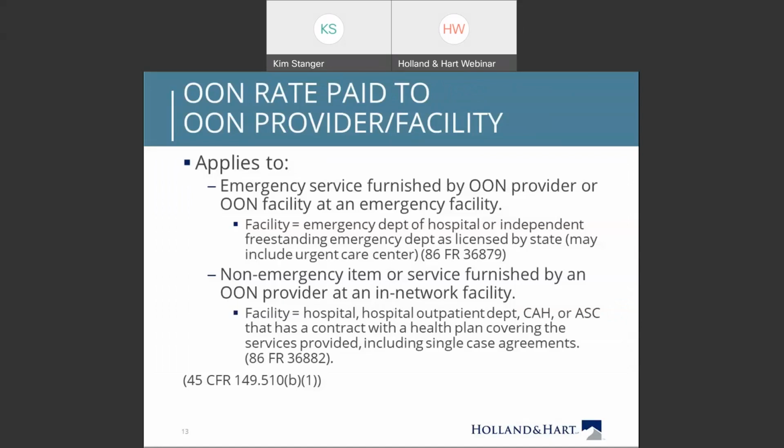It's only these situations. For purposes of that portion of the rule, a facility is relatively narrow. It is an emergency department of a hospital or independent freestanding emergency department that's licensed by the state, and it probably includes urgent care centers.